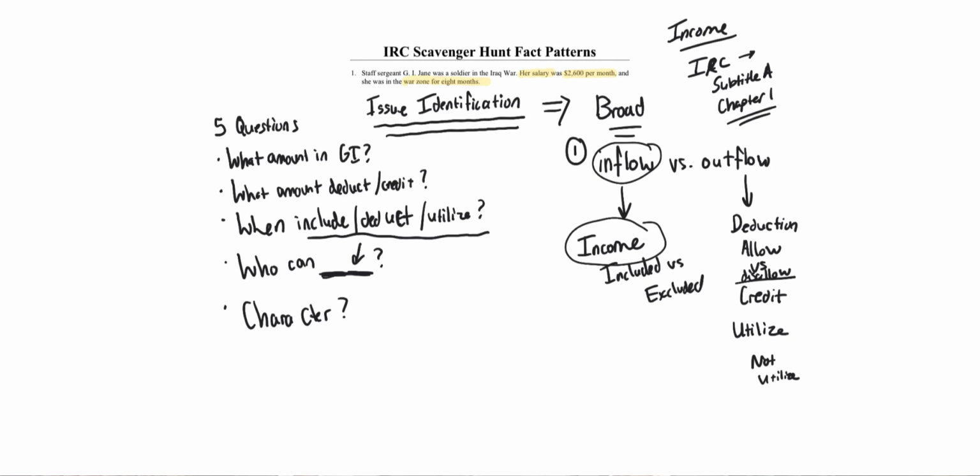Multiple of these questions might be affected here, and they can help articulate what the issue is. We know it's not going to be what amount is deducted or credited, but it could be what amount is included in gross income, when, who, and the character. Now, we can pretty much eliminate the who, because there's only one person in this problem, Staff Sergeant G.I. Jane.